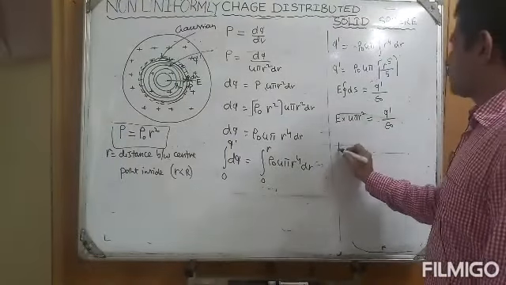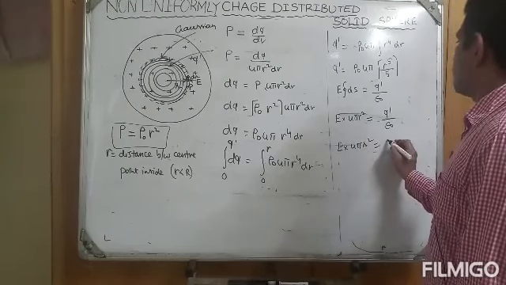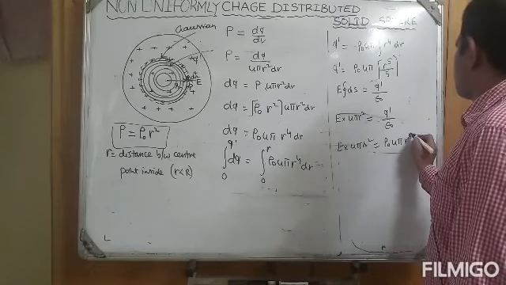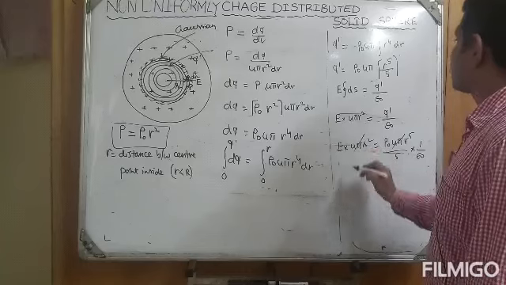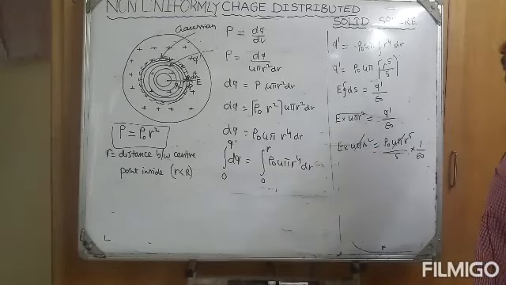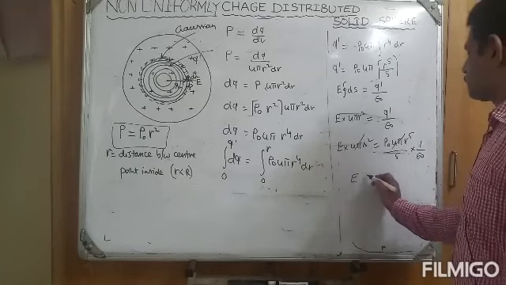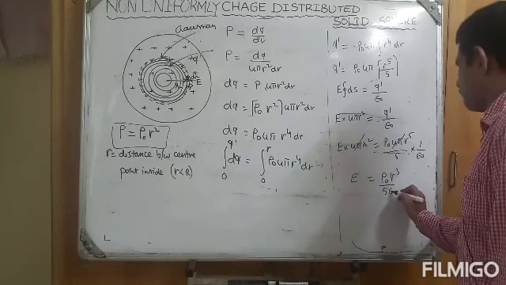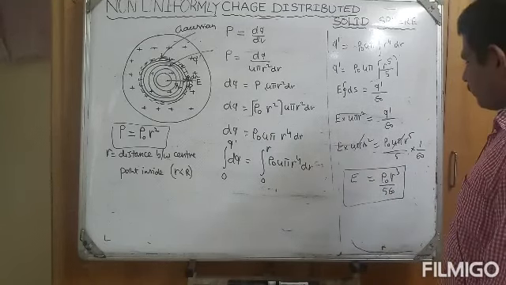Q dash is rho naught 4 pi r power 5 by 5 into 1 by epsilon naught. 4 pi cancels, 4 pi cancels, and this r cube, E is equal to rho naught r cube by 5 epsilon naught. Understand?